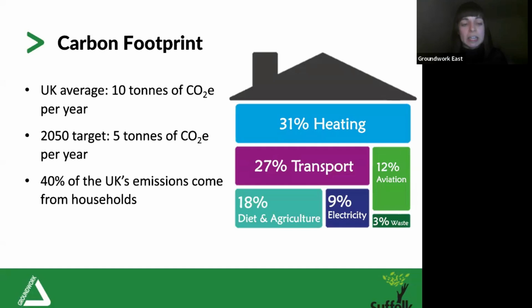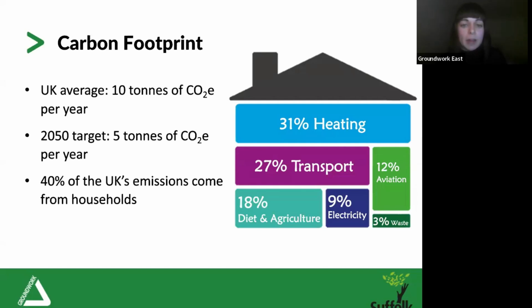So when we're looking at this project, it's quite important to focus on our households and how we're reducing our carbon footprint. And when we look over onto the right-hand side of the screen at the actual house, it's really clear that 31% of our carbon footprint is taken up by heating. We can see why, when we target households and then heating, we can make a big overall difference.